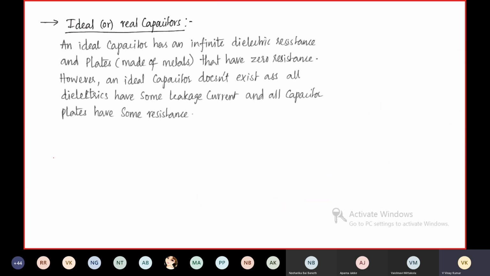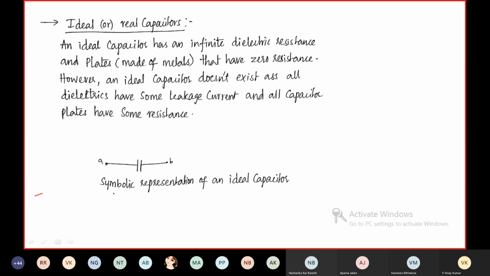Coming to the representation of an ideal capacitor. This is the representation of an ideal capacitor: simply two lines, two plates, like connecting leads.